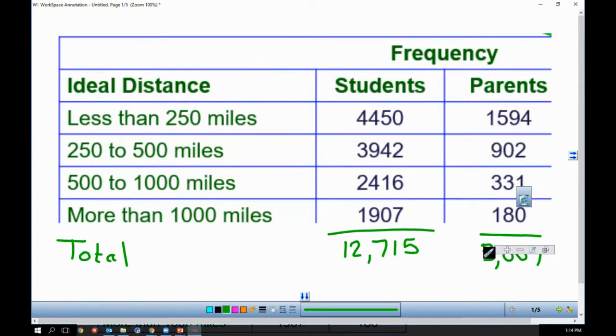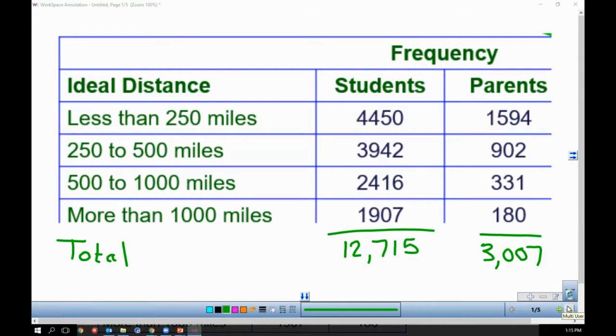Okay, they gave us the total, so we don't have to add everything up because they tell us how many students and how many parents there are. So how do we calculate relative frequencies? Anyone remember? Part over whole, that's right.